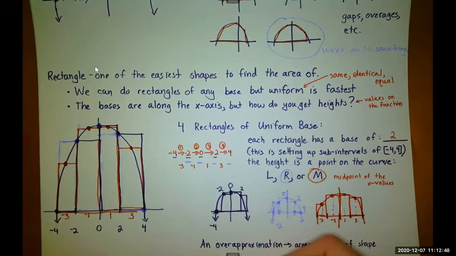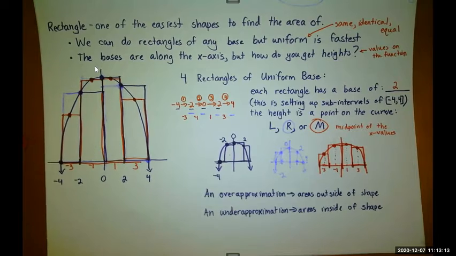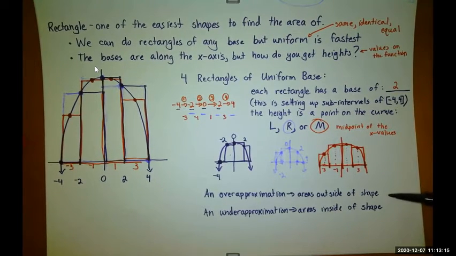We get an under approximation, and these are areas inside of the shape. So what we've created is the situation where we can say the area is this small and the area is this big. So the area is somewhere in between those.